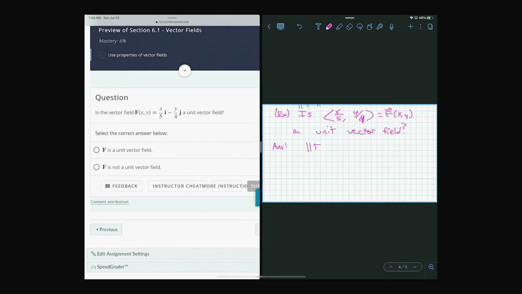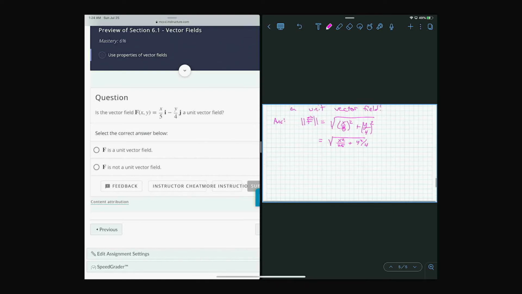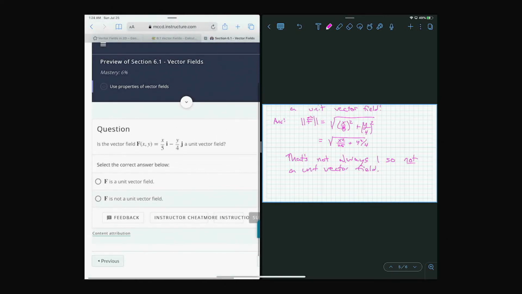Answer: magnitude f is, you have to compute the magnitude of a vector, the square root of x over 5 squared plus y over 4 squared, which is simply the square root of x squared over 25 plus y squared over 4. Is that always equal to 1? No, right? That's not always 1. So, not a unit vector field.